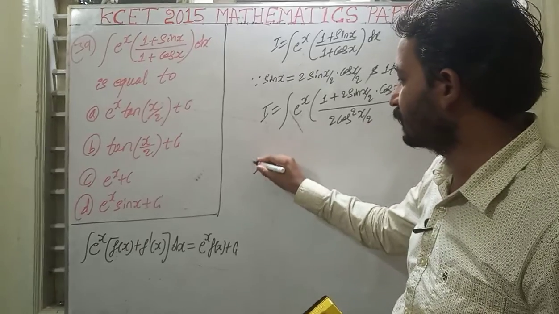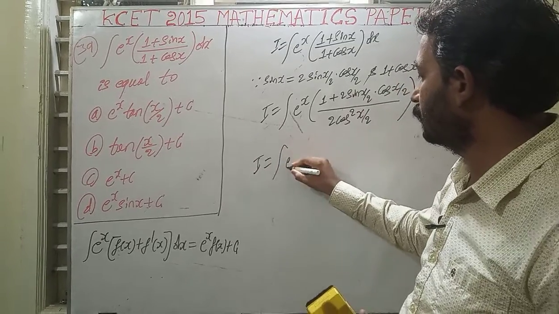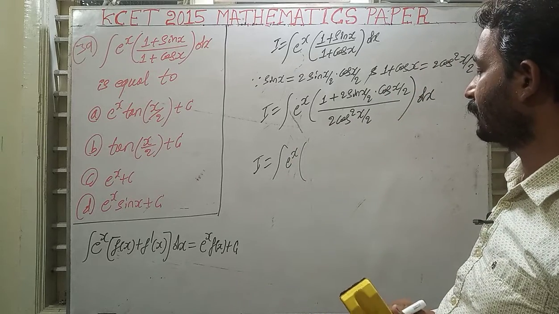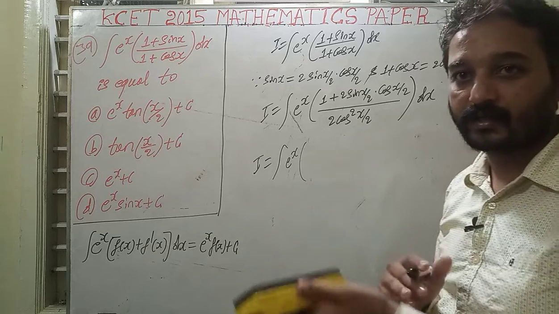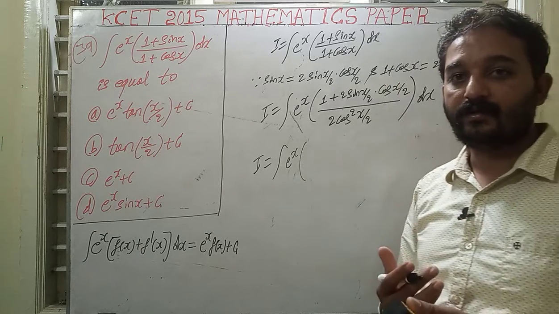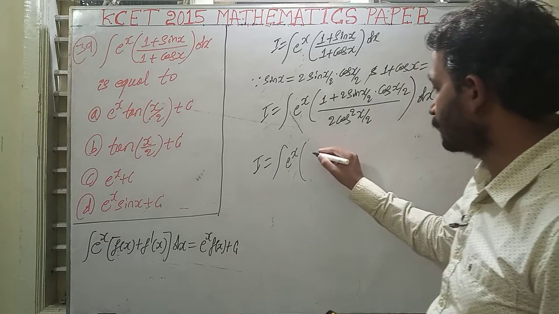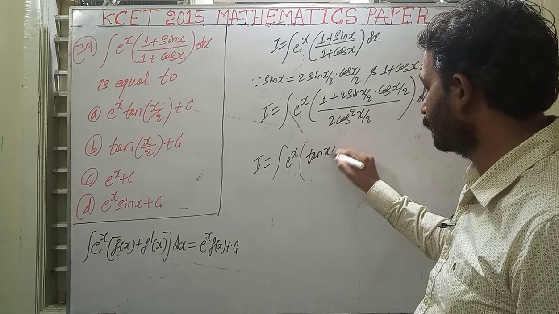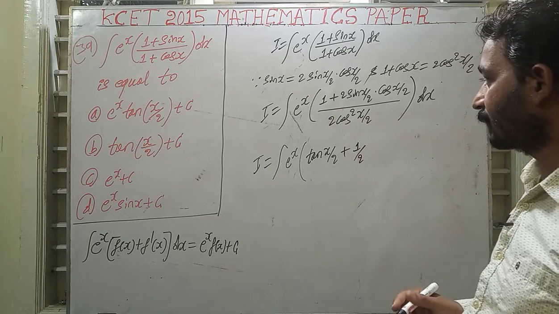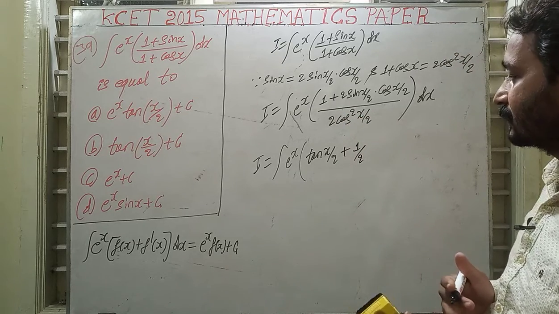So in this case first we take the second term. In the second term, 2 cancels, one cos x by 2 cancels, remaining in the numerator sin x by 2 and in the denominator cos x by 2. Once again using the trigonometry formula, sin by cos is nothing but tan. So tan x by 2 is the first term, and the second term is 1 by 2 as it is. Once again using the trigonometry formula, 1 by cos theta can be written as secant theta.